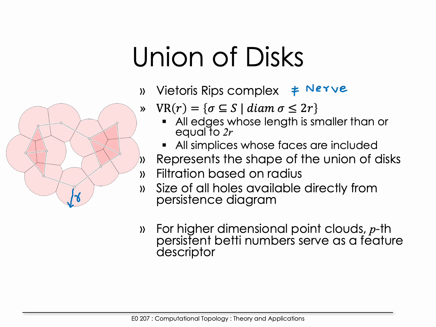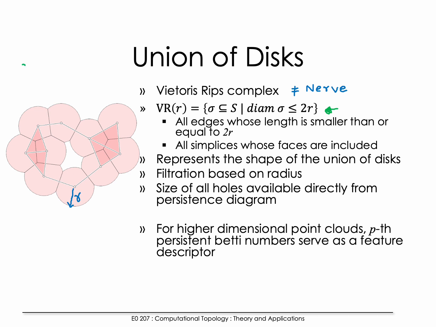The Vietoris-Rips complex is defined for a collection of points in any dimension, and the Vietoris-Rips complex VR of r, for a given parameter r, is the collection of all simplices. So sigma are all the simplices. These simplices are represented as subsets of the point set.